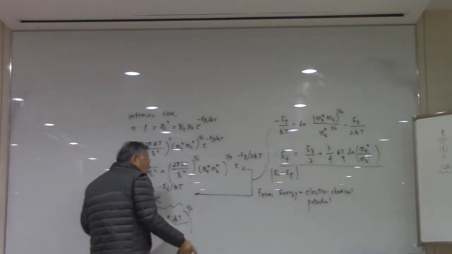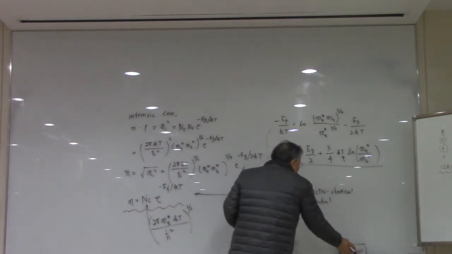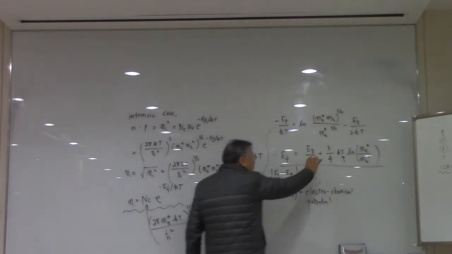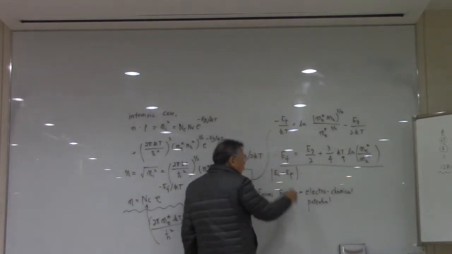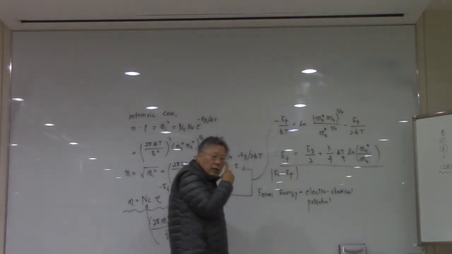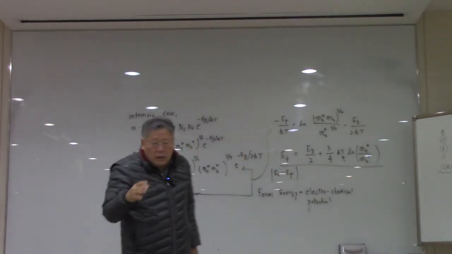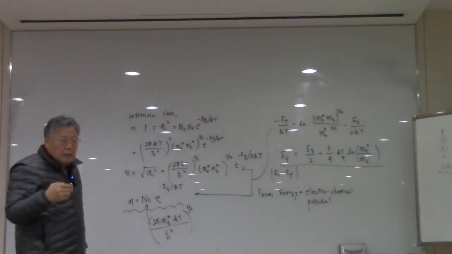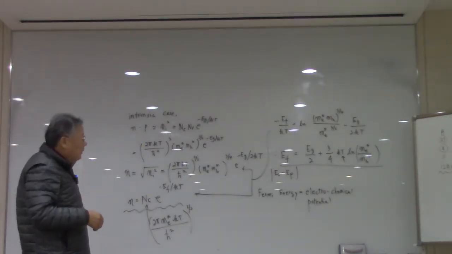Now, if you look into this equation, let's say at absolute zero temperature, obviously this term goes out, so that the Fermi energy is always in the middle of the band gap, between the conduction band and the valence band, right?